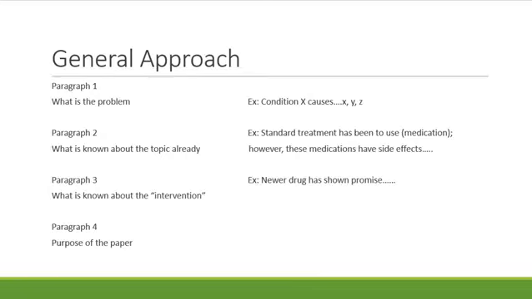But let's say the newer drug has not had many trials against other drugs. Well, maybe in your scoping review you would have a section related to the side effects or lack of side effects for people who take the drug. And maybe you would have a paragraph associated with outcomes.